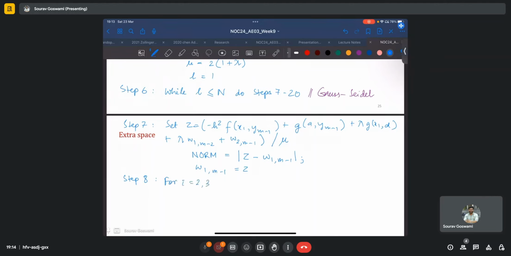For i equals 3 to n minus 2, we can set z equals minus square of xi ym minus 1 plus lambda g xi comma d plus wi minus 1 m minus 1 plus wi plus 1 m minus 1 plus lambda wi m minus 2, by the quantity mu.